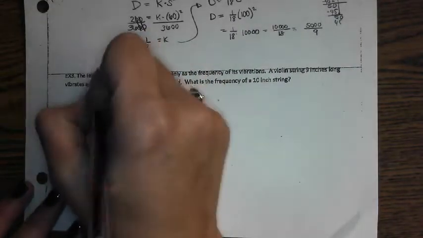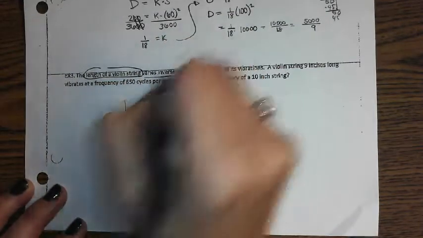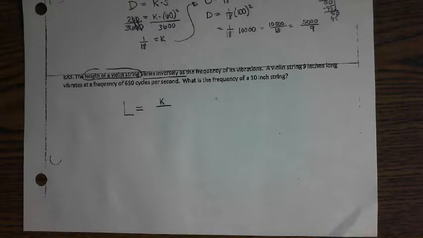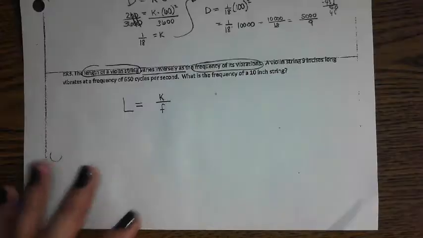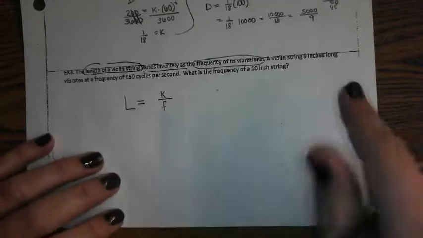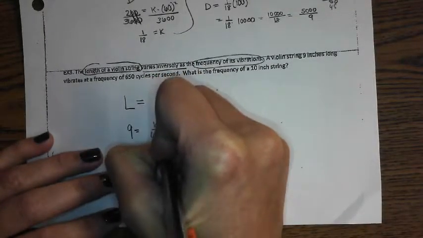Next, the length of a violin string. I'll use L. Varies inversely as. So this is inversely for the first time, so K over, as the frequency of its vibration, so we'll call that F, frequency. They're going to give us our circumstance, a violin string 9 inches long equals K over 650.